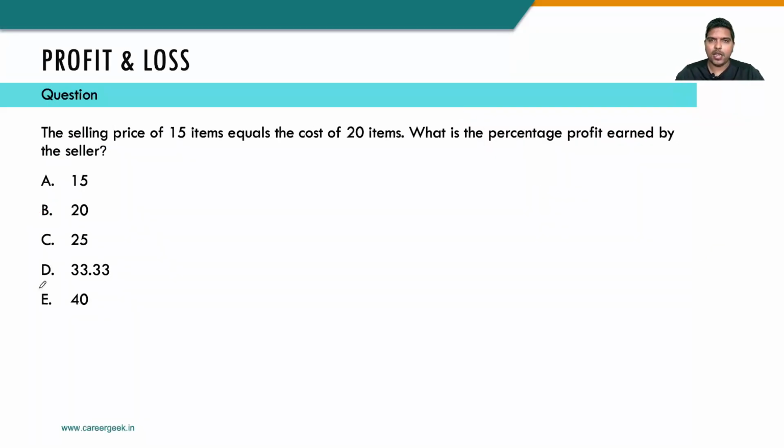Okay, so one last question. The selling price of 15 items is equal to the cost of 20 items. Okay, so again, let the selling price of one item be SP, and the cost price of one item be CP.